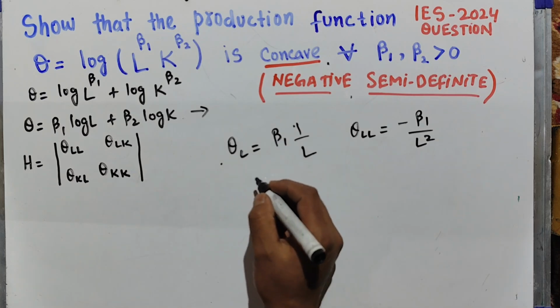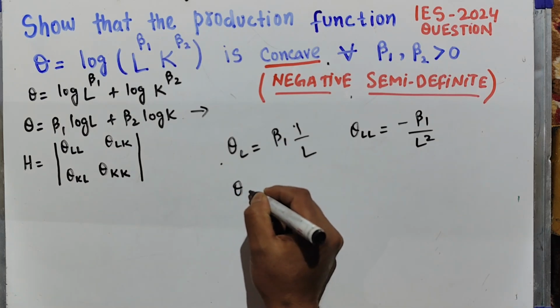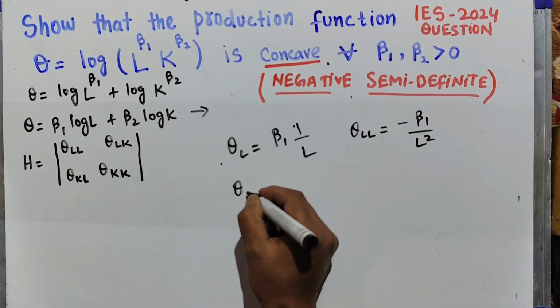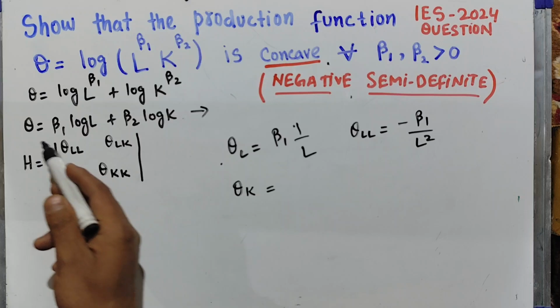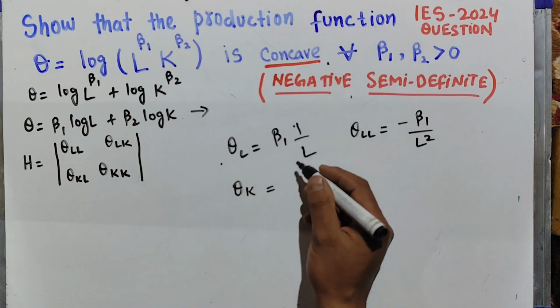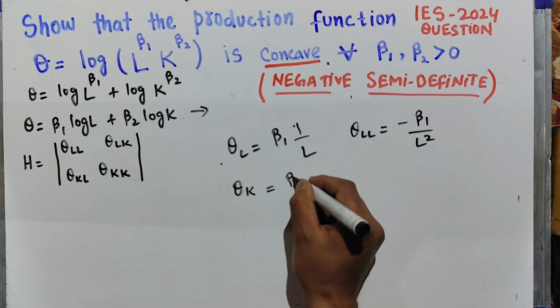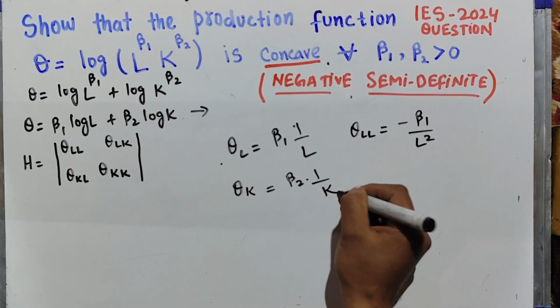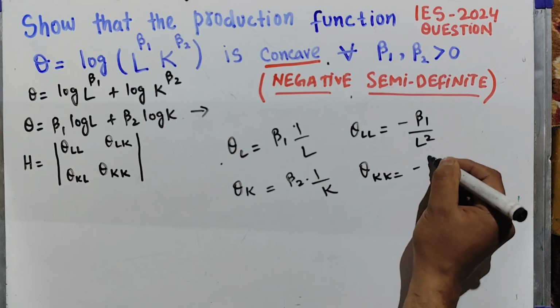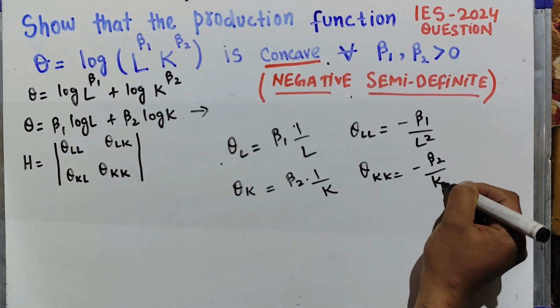Now I also need to find out QK first. QK will be equal to the partial derivative of this production function with respect to K this time. Let me cut it short. So I will get beta 2 times 1 upon K. By the same logic, QKK will be equal to minus beta 2 upon K square.